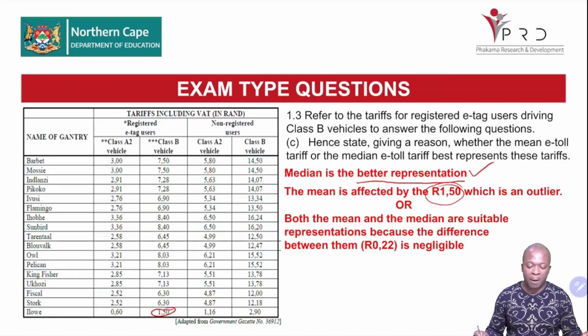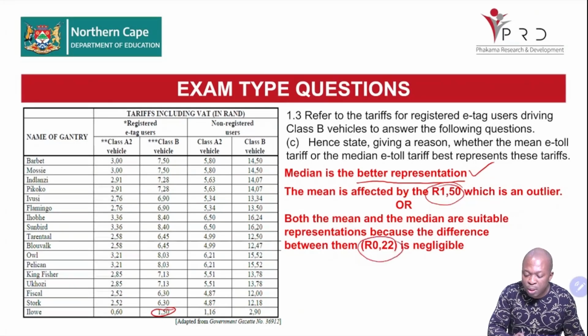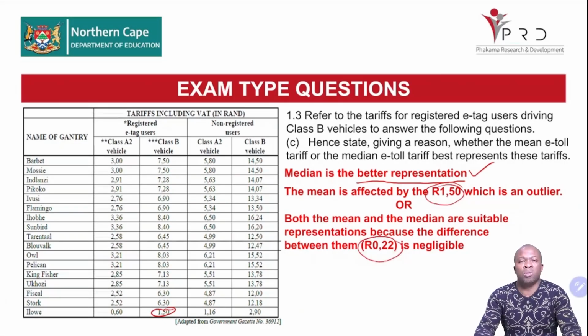That's an outlier. Or you can say both the mean and the median are suitable because the difference is only 22 cents, which is not bad. You can actually ignore it. It's not even 30 cents. So you could have said the mean or the median, depending on the response and the explanation you give to support your answer. I hope that makes sense to you.